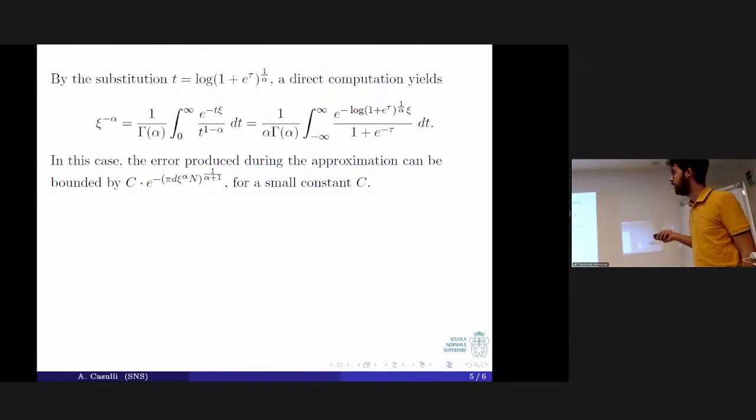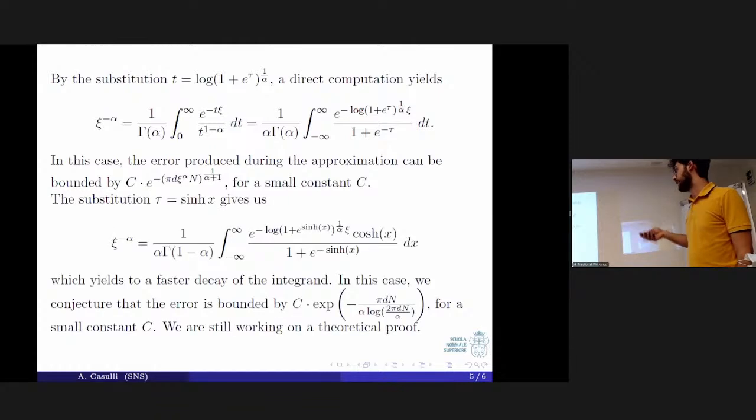And we proved that in this case, the error produced during the approximation can be bounded by c times the exponential of minus square root of n over alpha plus 1 for a small constant c. Actually, after this, we tried another substitution that is the same as before, but we substituted tau with the hyperbolic sine of x.